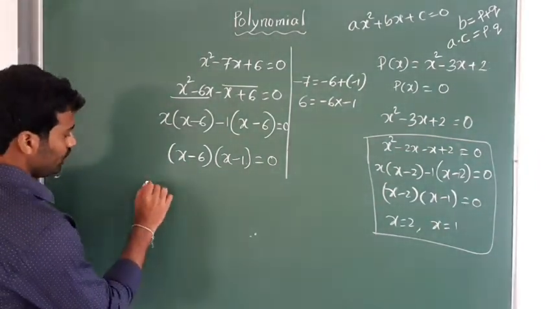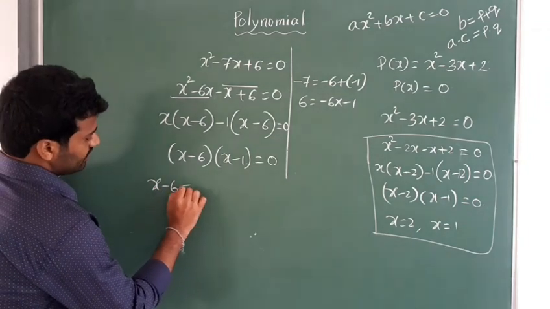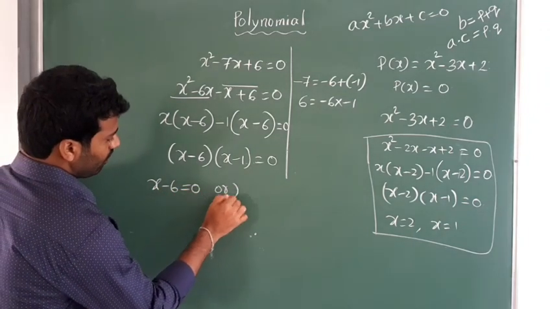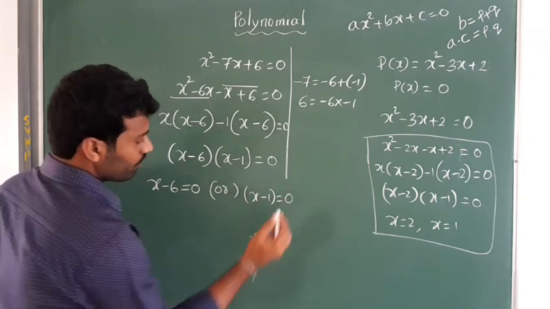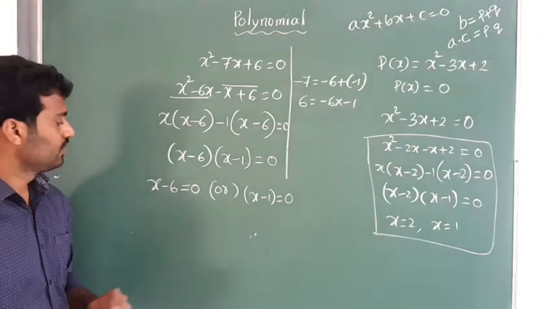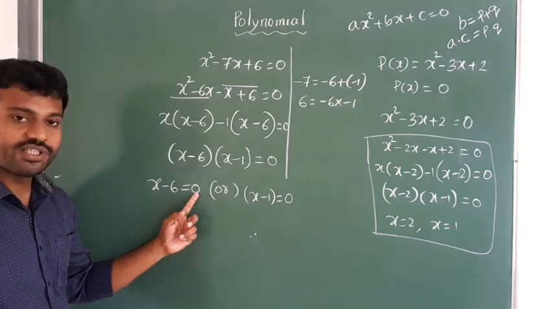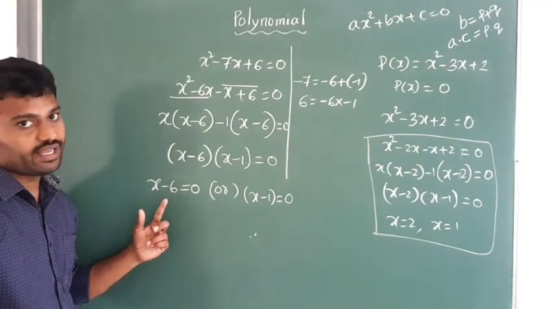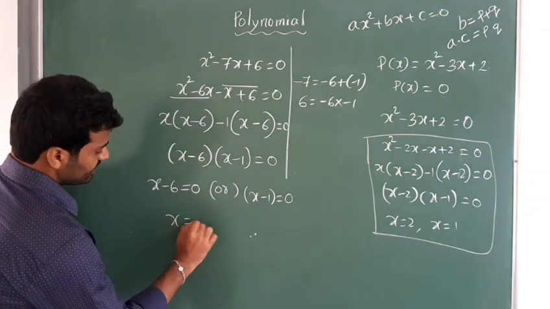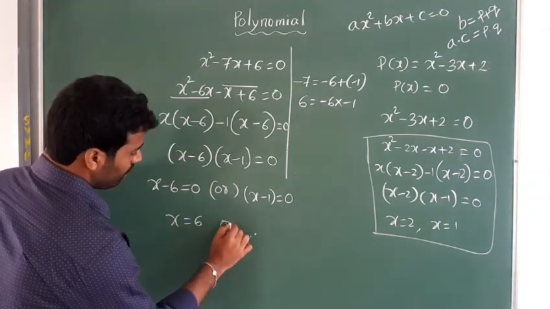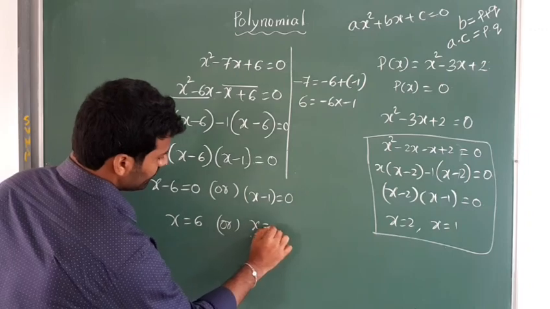So x minus 6 is equal to 0 or x minus 1 is equal to 0. If x minus 6 is 0, what should be the x value? The x value must be 6. So x is equal to 6 or x is equal to 1.